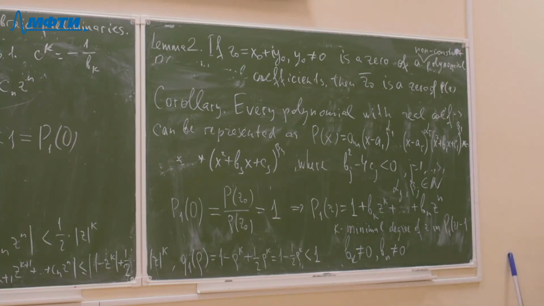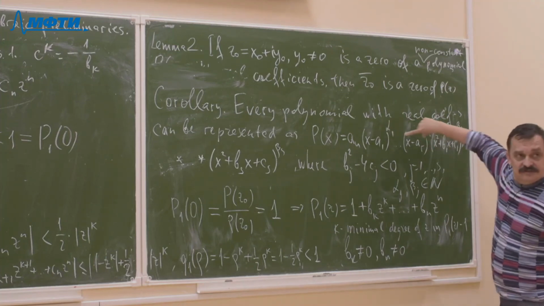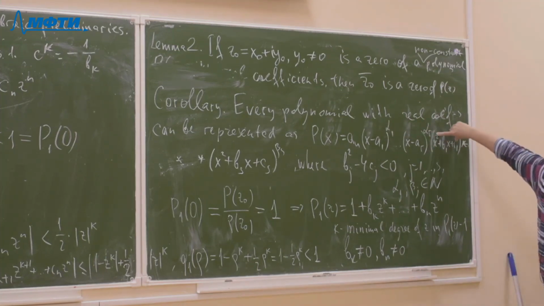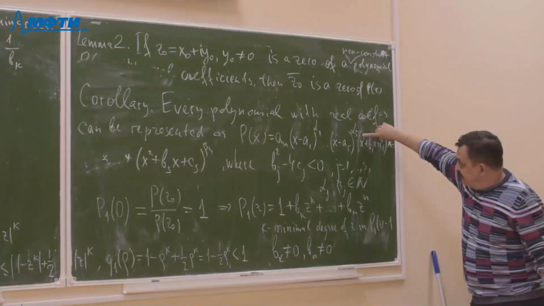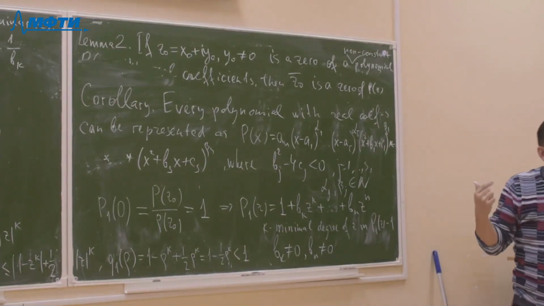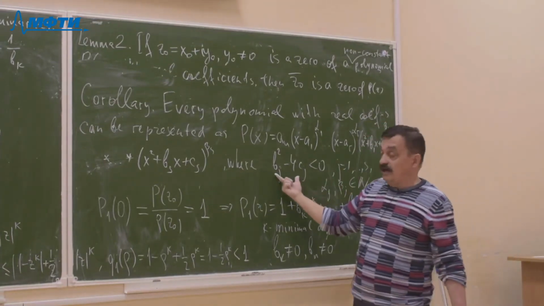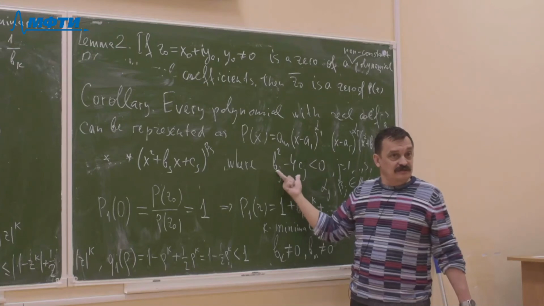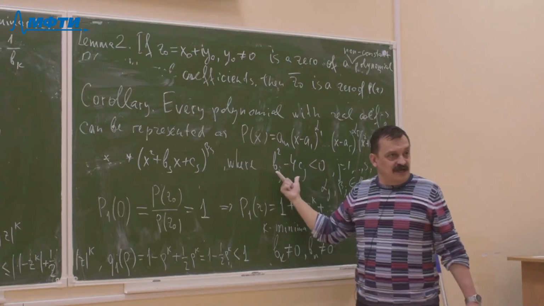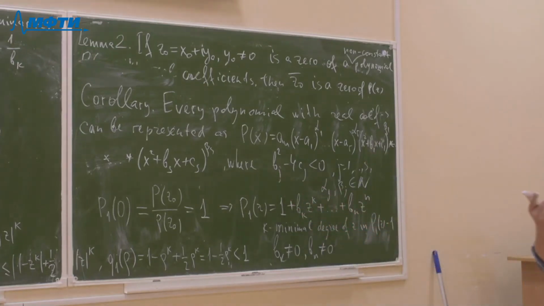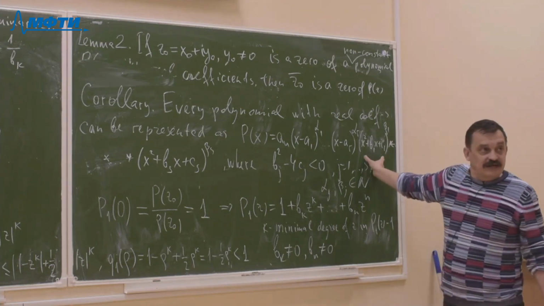So that is an expansion of an arbitrary real polynomial into linear terms and quadratic terms. Those quadratic polynomials are irreducible in real numbers. Why? Because discriminants are negative, right? So no real zeros for every bracket.